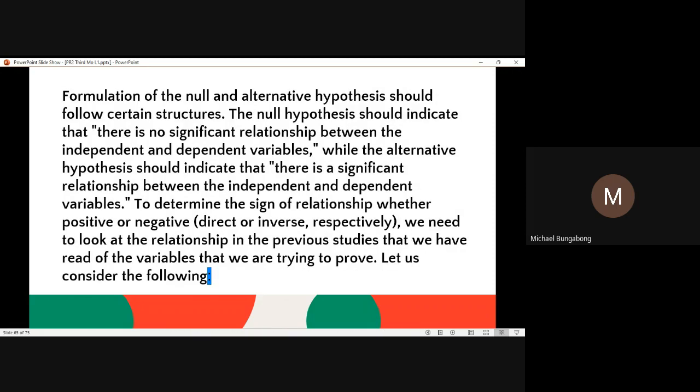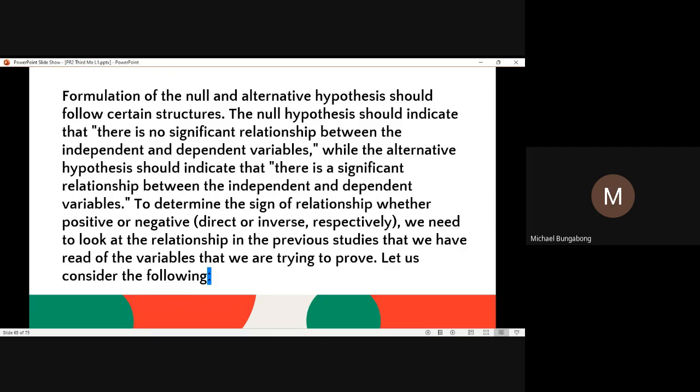But of course, the formulation of the null and alternative hypotheses should follow a certain structure. Remember, when you are making a decision and analyzing, after you have tested all the hypotheses, the null hypothesis should indicate that there is no significant relationship between the independent and dependent variables.